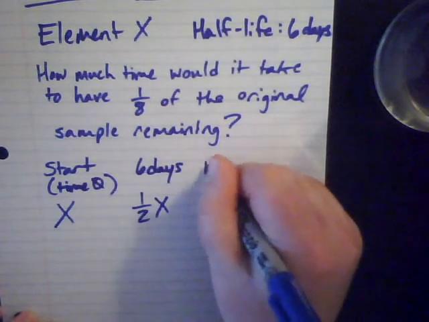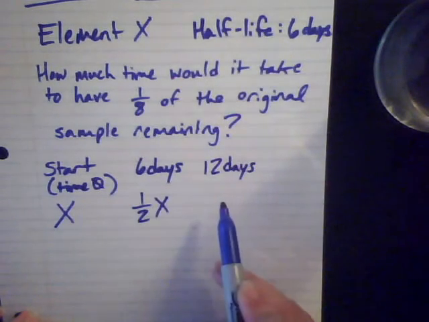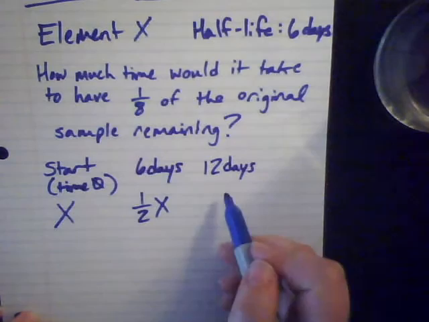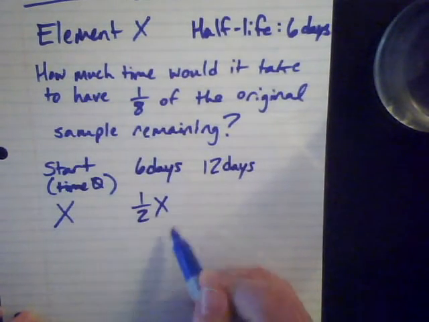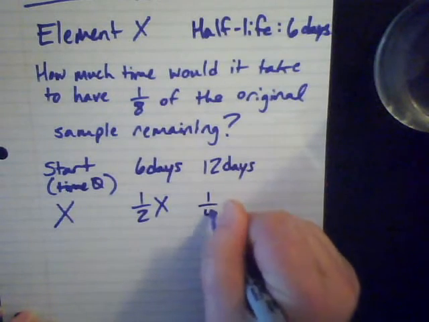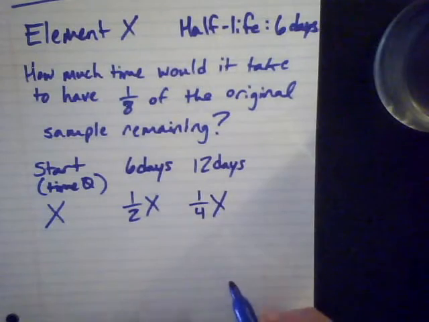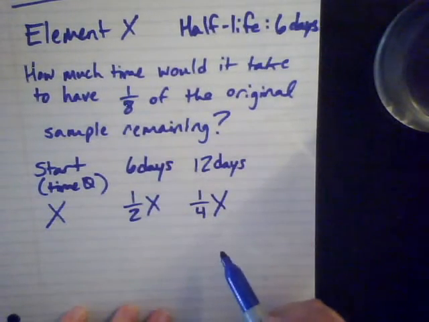In 6 more days, so I added 6 here, I added my half-life, then I'll have half of what I had at the 6-day mark. So I have half of my half, which gives me 1/4 of my original sample. Now the question is asking about 1/8.